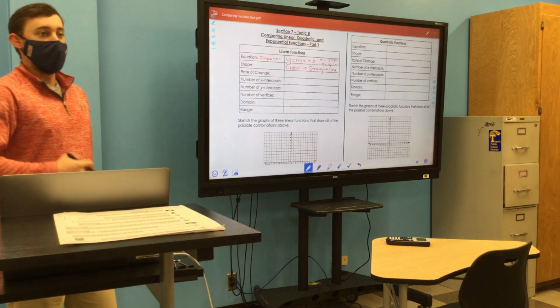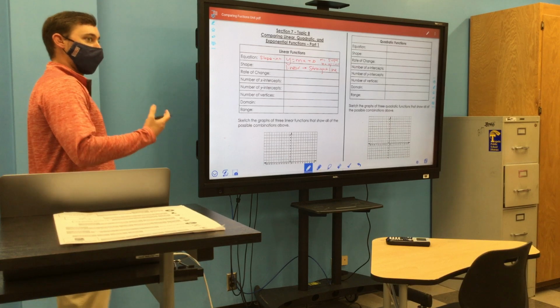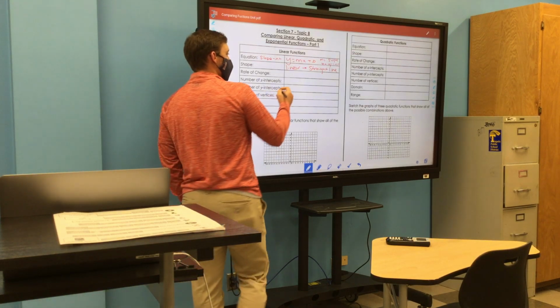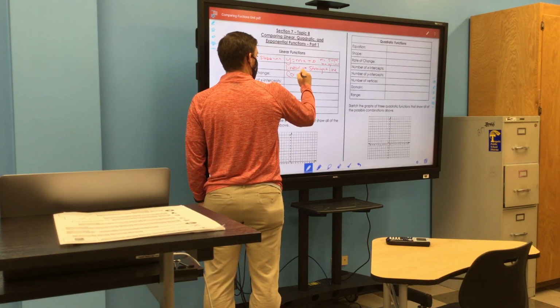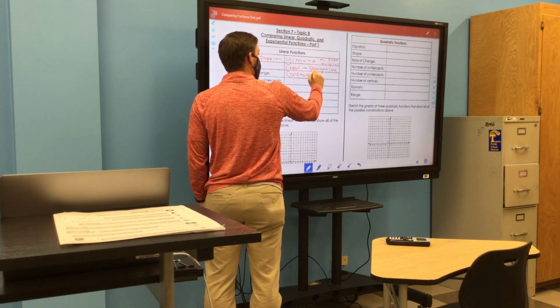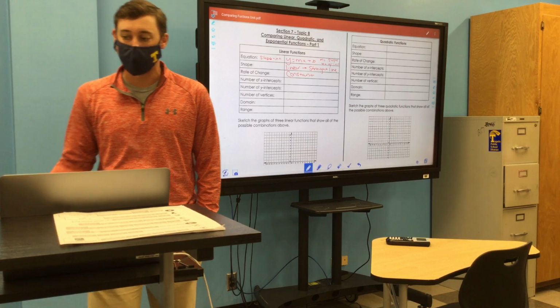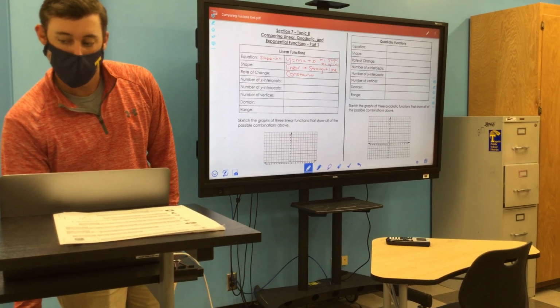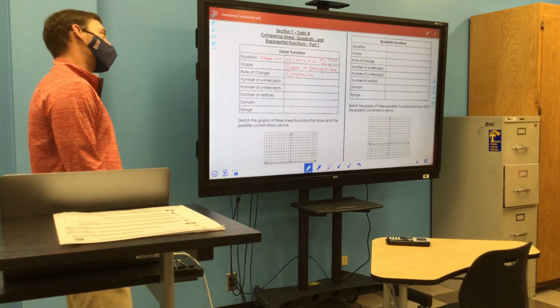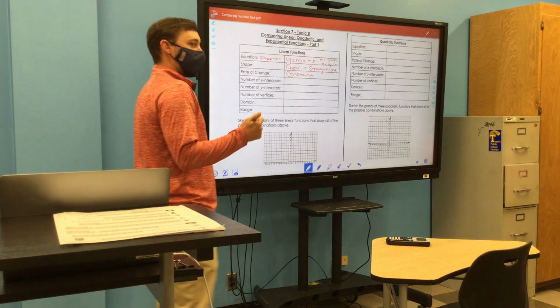Okay, the rate of change, how it moves, because it moves in a straight line, that rate of change is going to be constant. So how we move from one point to the next will always be the same thing for a linear function. Okay, so that'll be constant. For your x-intercepts, you have a couple of different options.